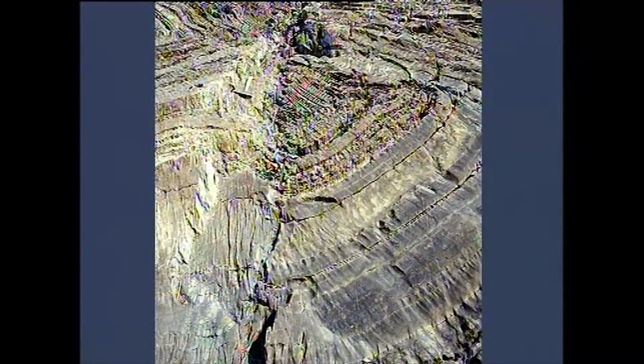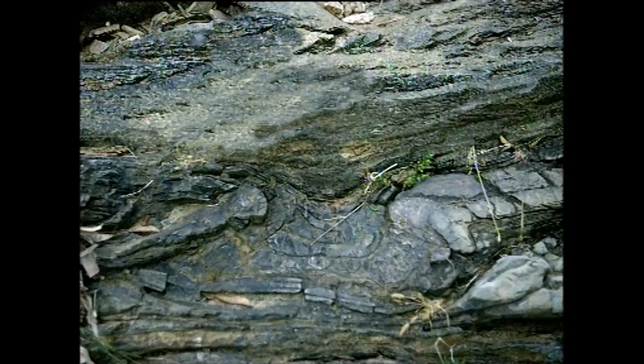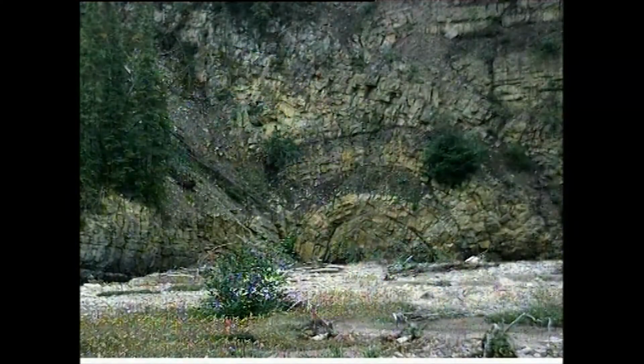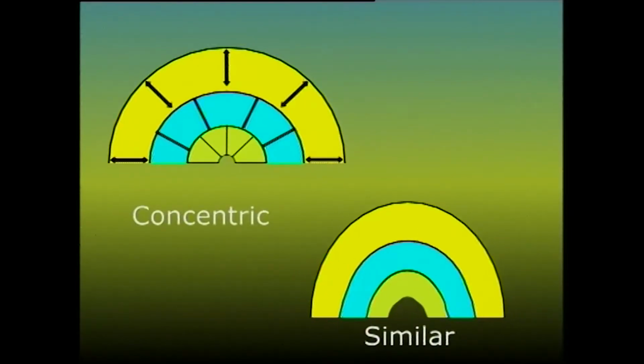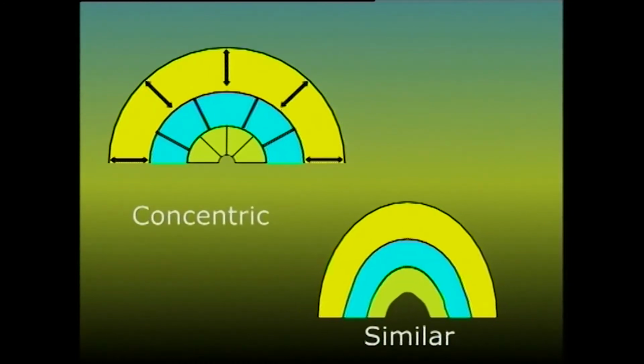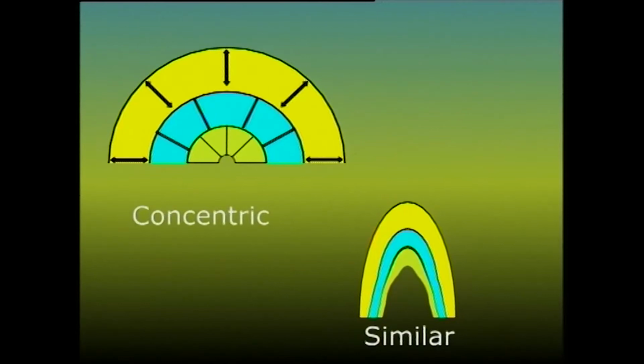Based on the appearance of the fold on the profile section, another set of names have been proposed. The name concentric or parallel folds has been proposed for certain folded sequences in which each folded surface represents concentric arcs of circles, and since the radii of curvature of the different surfaces are different but have the same center, the arcs are more or less parallel to each other, hence the name concentric or parallel.